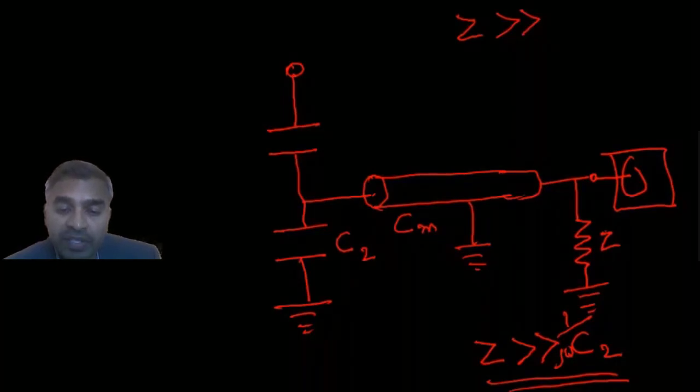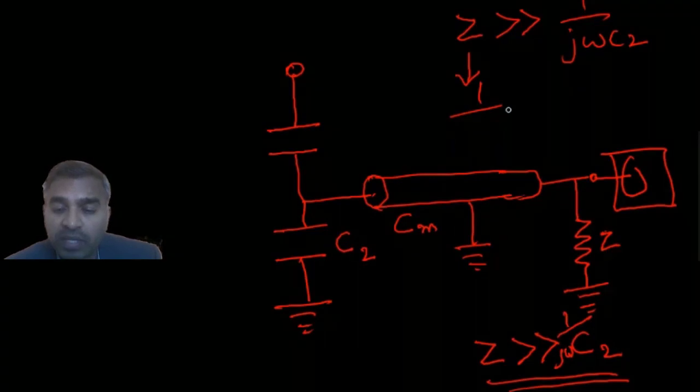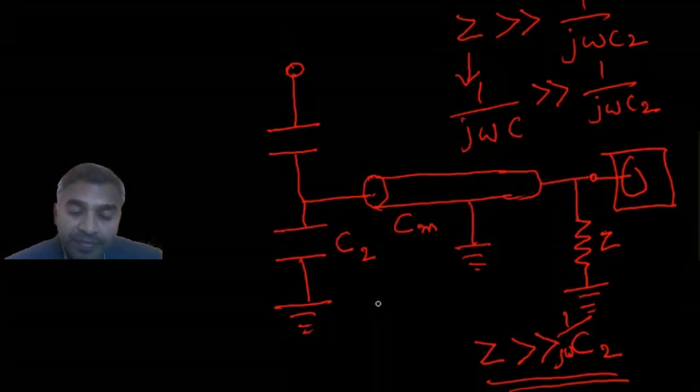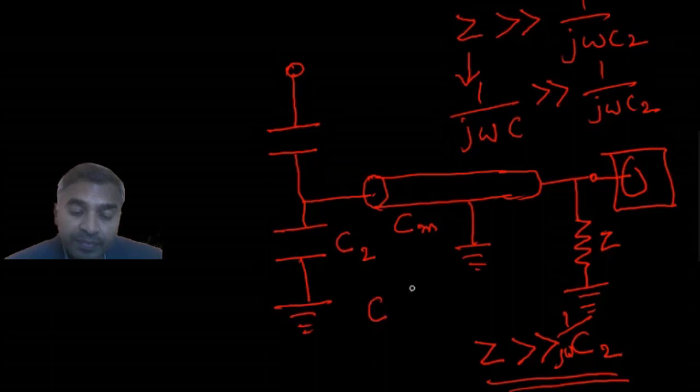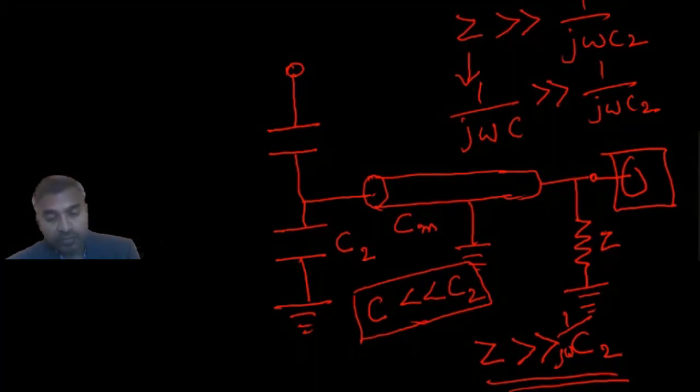Now if Z is just a capacitance, say 1 by j omega C should be greater than 1 by j omega C2. So in that case, what will happen? C should be less than C2. So this is the condition. Terminating capacitance. So it often becomes a problem to terminate like this.